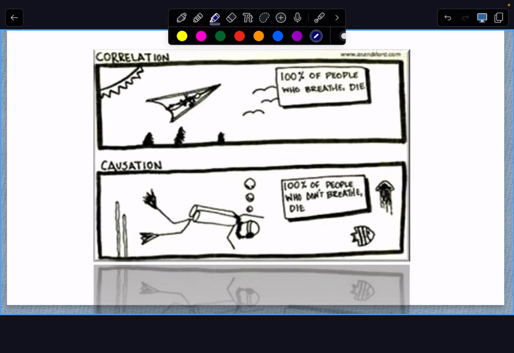So if I were to all of a sudden start holding my breath and never breathe again, I am going to die. There's that cause and effect. So it's two different ideas. So when we talk about correlation, we have to make sure we understand it's not causation necessarily. It tells us of a relationship. We'd have to go a little bit deeper to figure out what type of relationship that is.